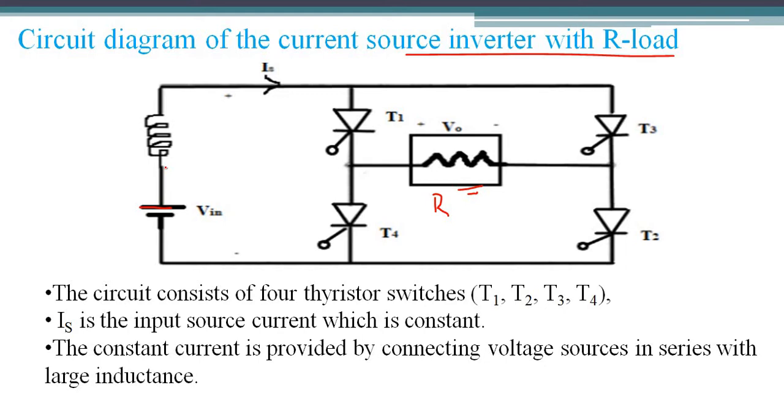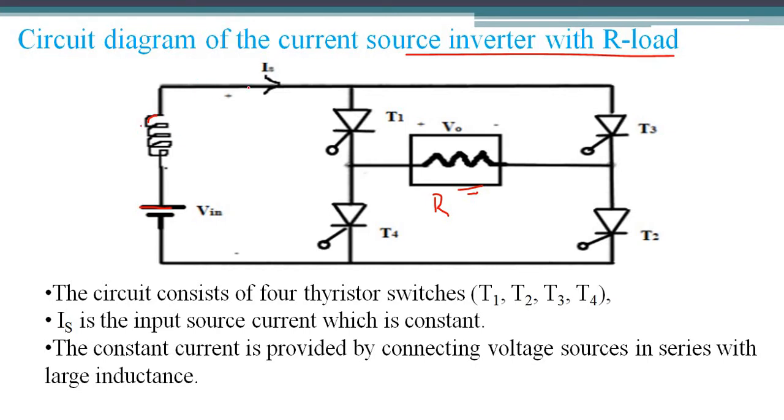As we know, the property of inductance is that it won't allow a sudden change in current. So when we connect a voltage source with a large inductance, the current produced will definitely be constant.